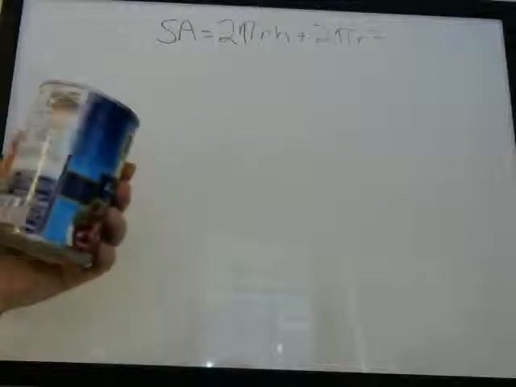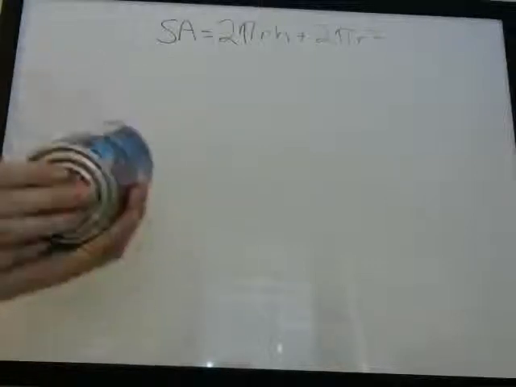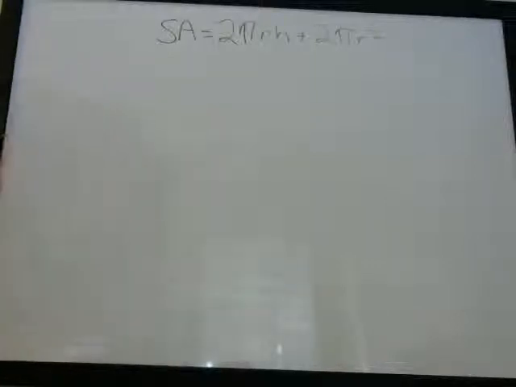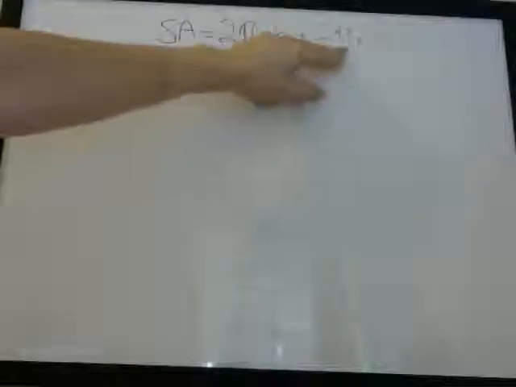So if we look at this formula, we need to understand what it's about. Remember what we're doing. We're going to paint the can. So we're going to paint the top and the bottom and all around it. If you just look at pi r squared, you should recognize that as being the area of a circle. So pi r squared is the area of a circle.